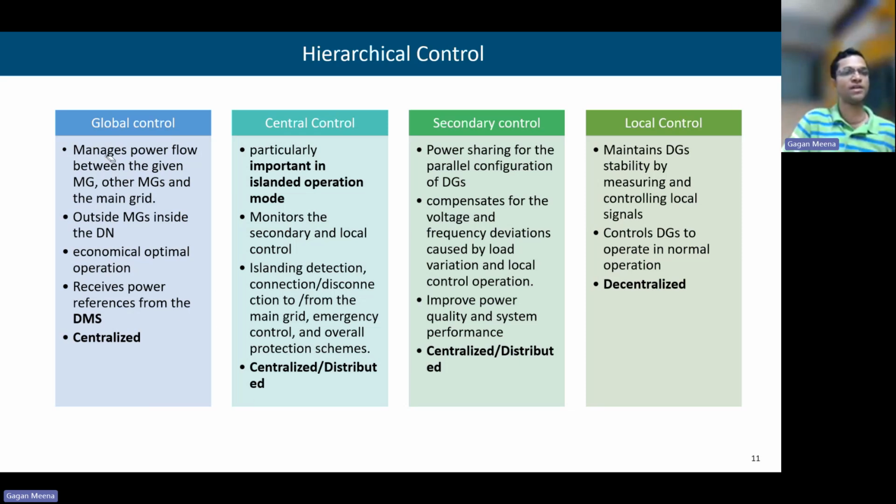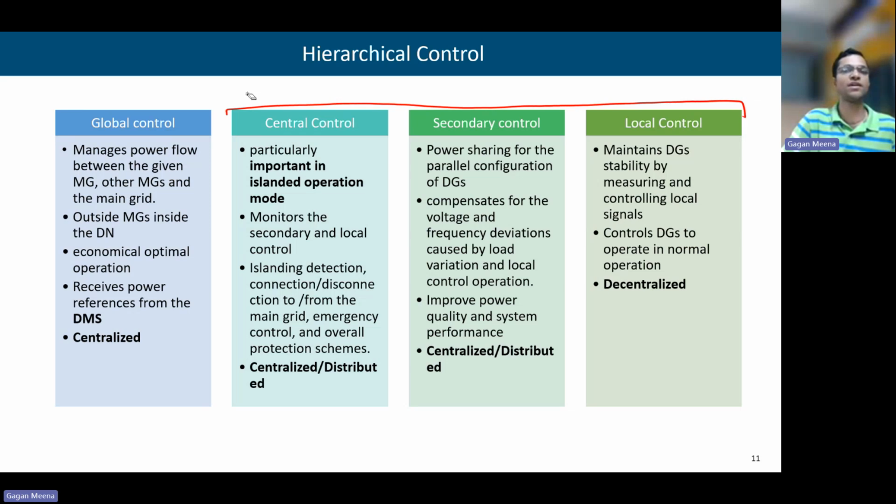Then finally, the global control manages the power flow between the given microgrid, other microgrids, and the main grid. So these three pertain to a particular microgrid, and this will have control of power between different microgrids and between different microgrids and the main grid. And this control is outside the microgrid and within the distribution network.